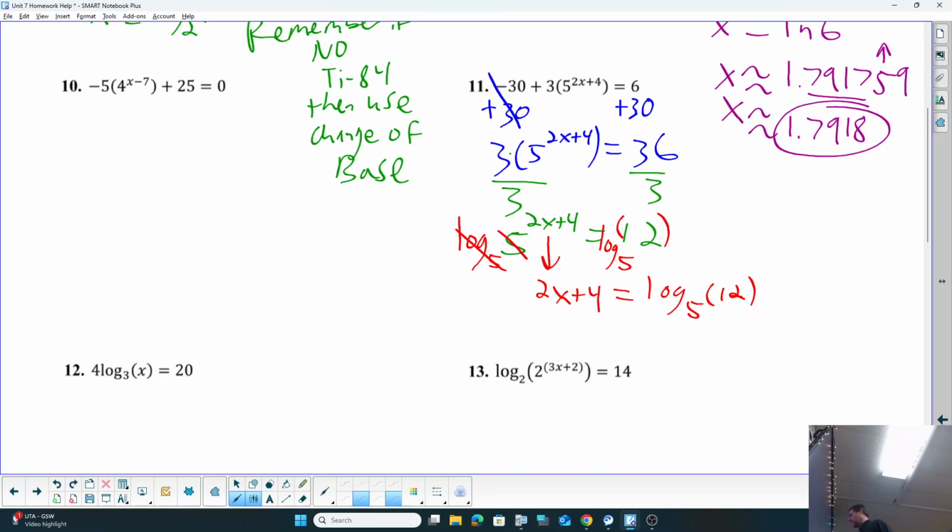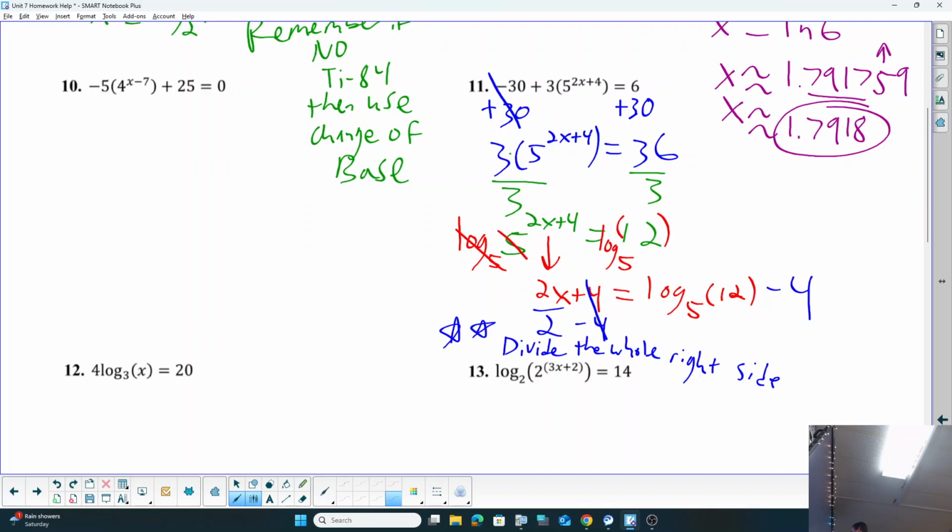Now we need to subtract 4 from the other side, and then divide the whole right side by 2. So you're going to have to put this in parentheses to get the correct answer.